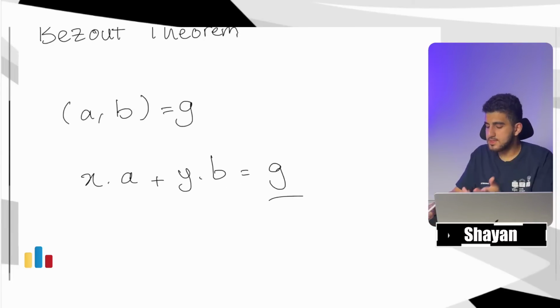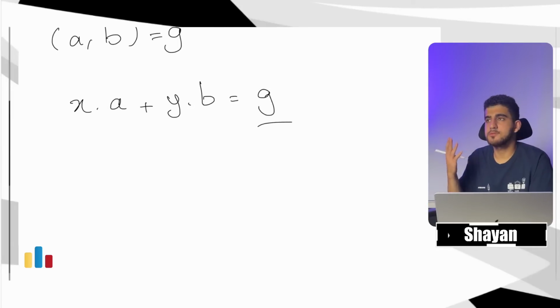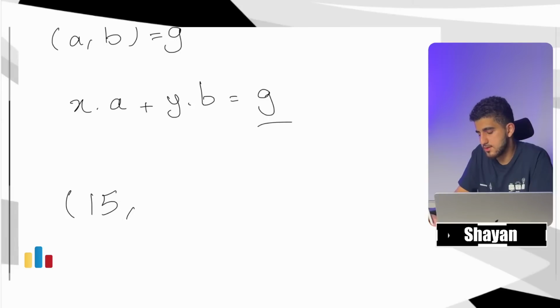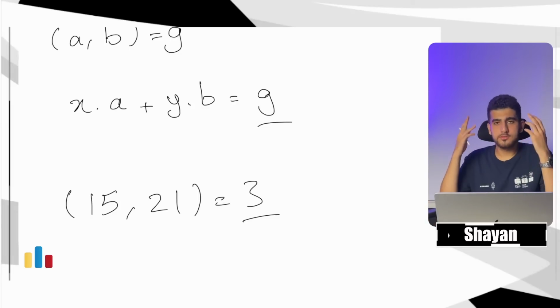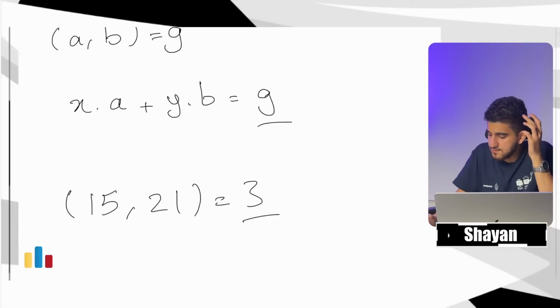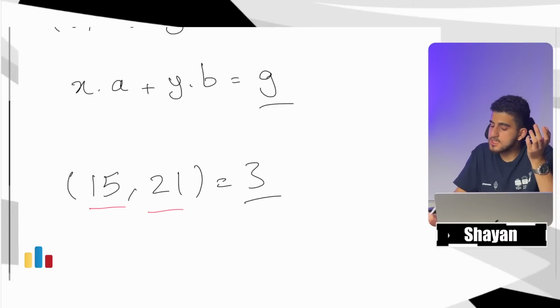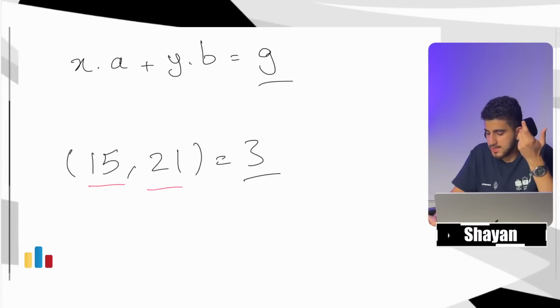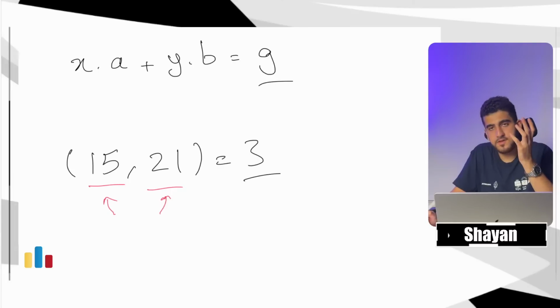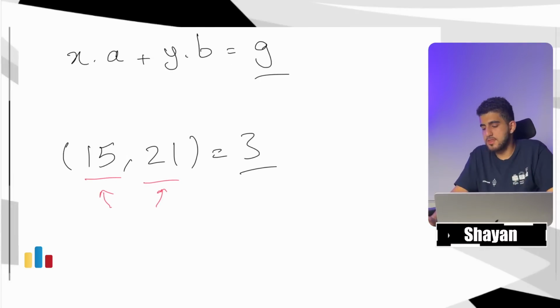In other words, what does it mean? Assume that you have two numbers like 15 and 21. Their GCD is 3. What it is saying is that you can multiply 15 by something and 21 by something else, such that when you add them, the result will be 3.